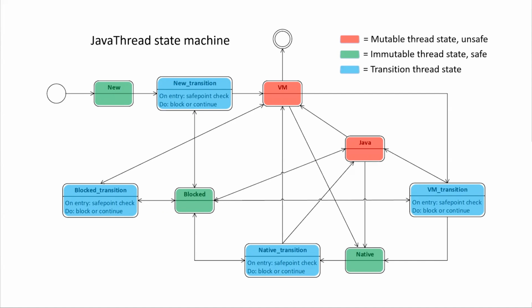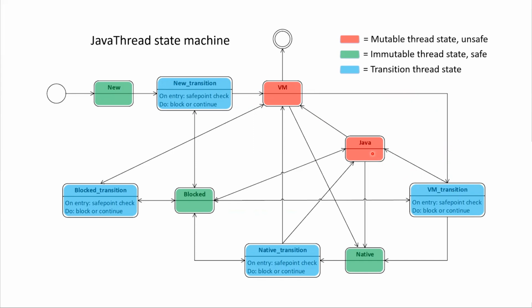Let's, for example, take a look at this situation. A new thread comes into being. It starts running in the VM state. Let's say this thread now wants to execute some Java code. In order to do that, it will need to traverse a transition into the Java state, and as we said, the transition contains a safe point check.